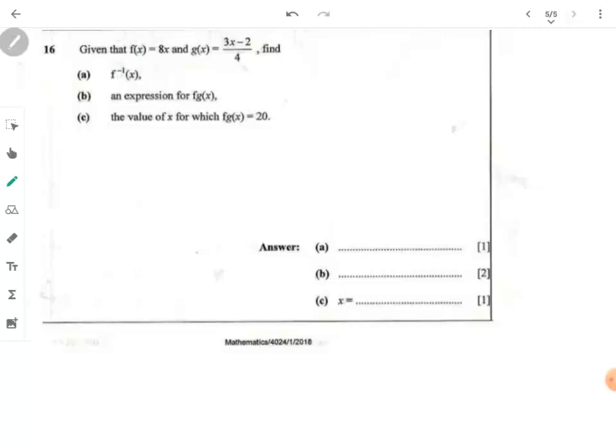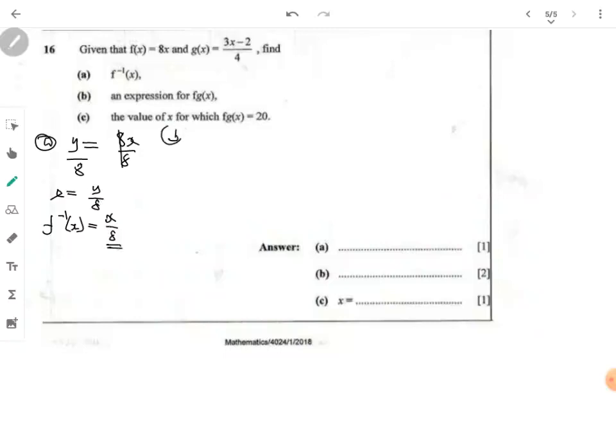To find the inverse, we know what to do. We introduce y on f. So here just doing this, because we don't have anything to shift. So x will be equal to y over 8. Therefore, the inverse of f, where there's y, now put x, becomes this.